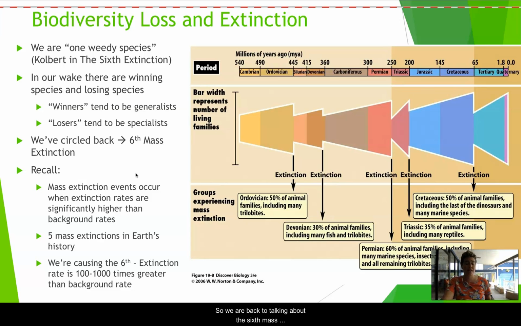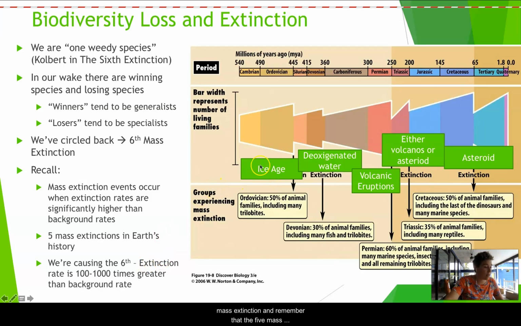So we are back to talking about the 6th mass extinction, and I want you to remember that we said that mass extinction events occur when extinction rates are significantly higher than background extinction rates, and that we've had 5 mass extinctions in Earth's history, and we are currently causing the 6th mass extinction.